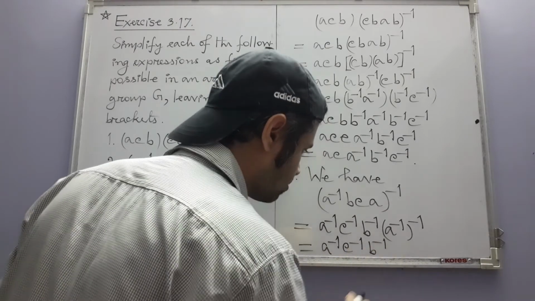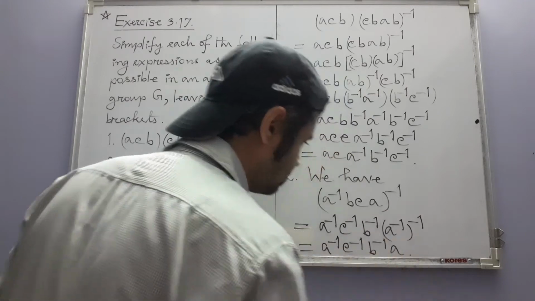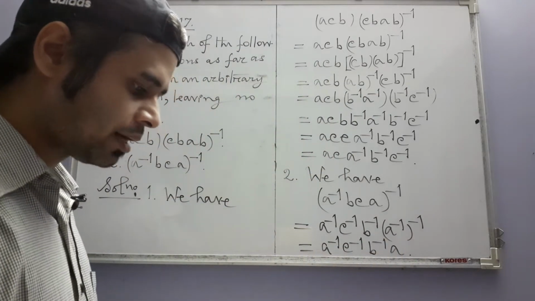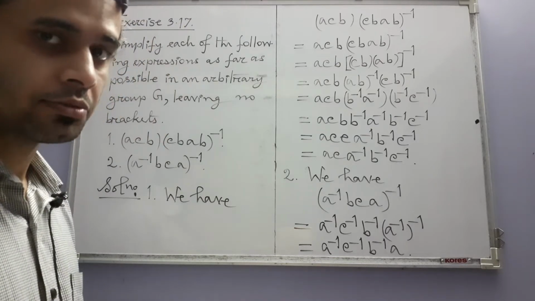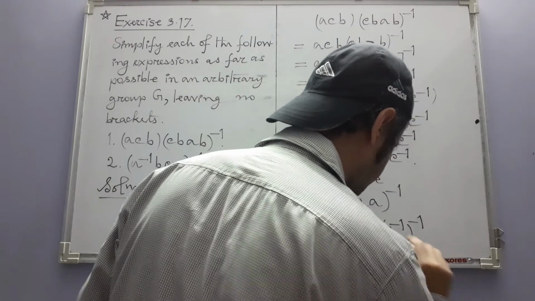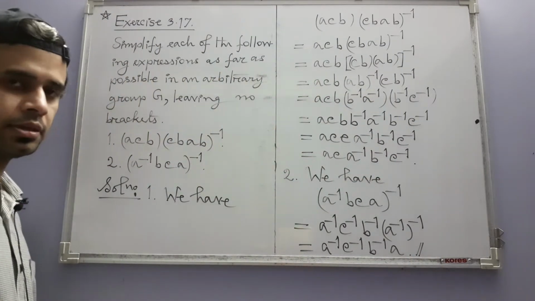But this fourth one equals A, and this is part 1 of Theorem 3.4. So that's it. This is the most you can simplify in this situation.